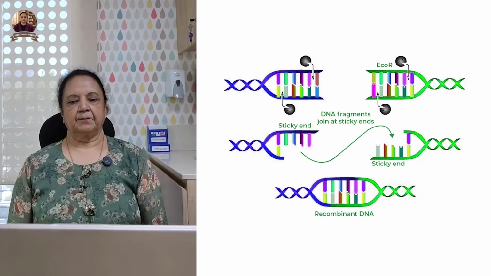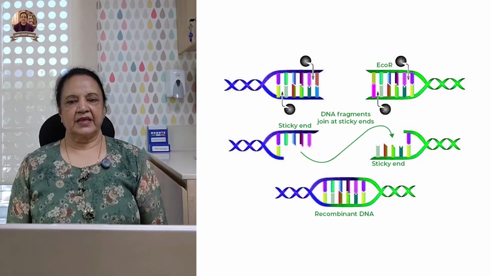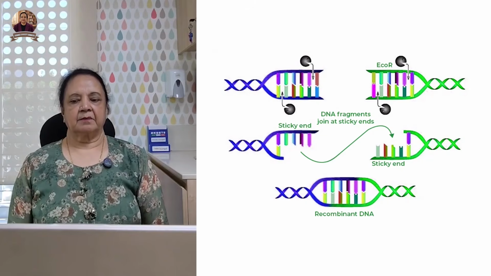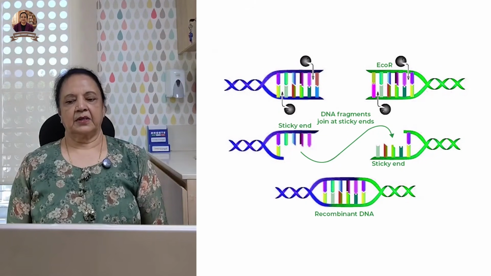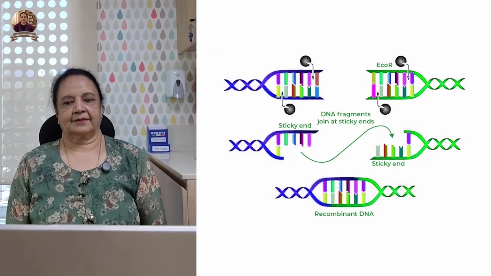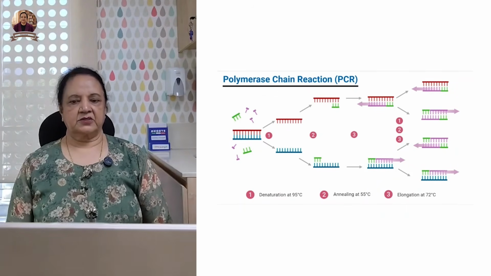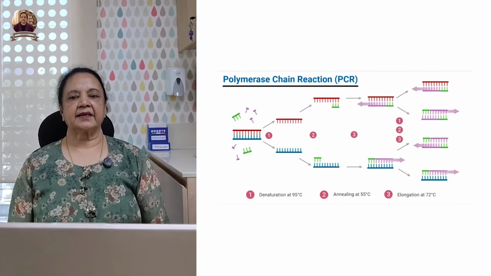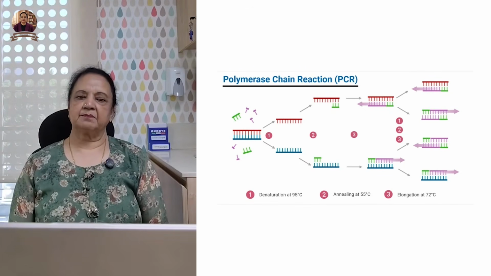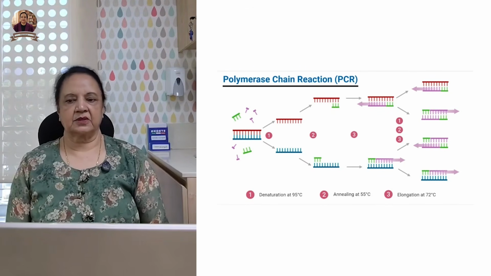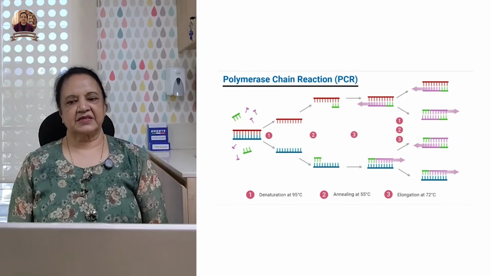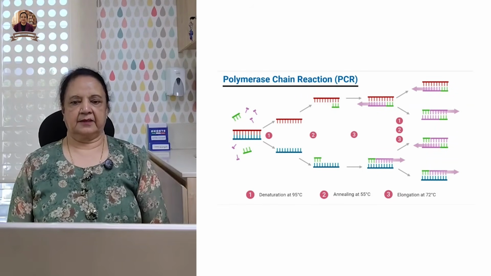Describe PCR. Name the three steps and their purposes. Polymerase chain reaction, PCR, is a technique used to amplify, that means make millions or billions of copies of a specific segment of DNA.